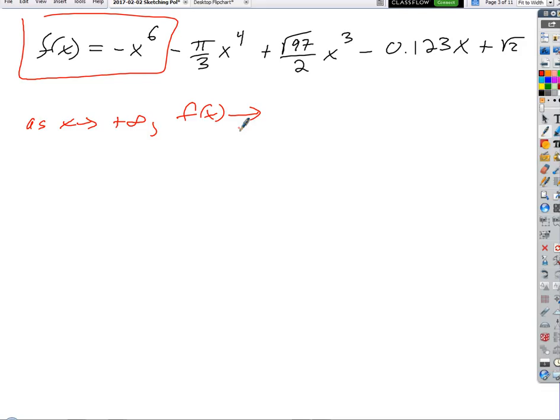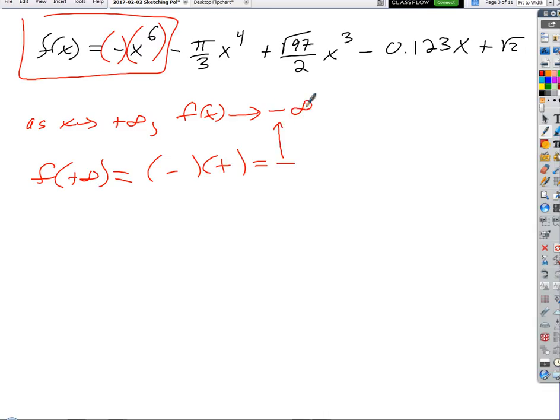Two. I've got the negative times the x to the sixth. So all I got to do is figure out what the signs of those are going to be. So if I plug positive infinity in for x, what are the signs going to be? First one is negative. Second one is positive. Positive to an even is positive, and so the overall sign is?